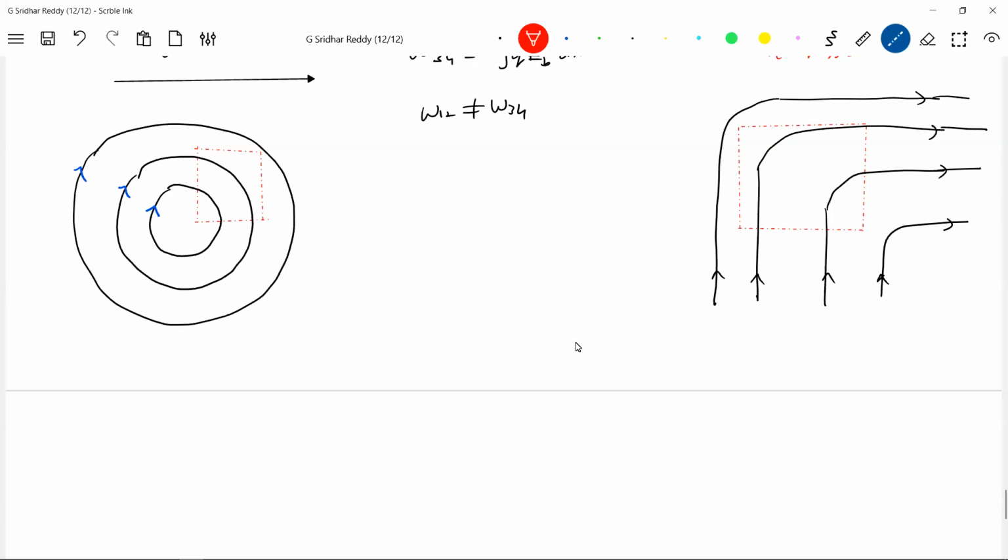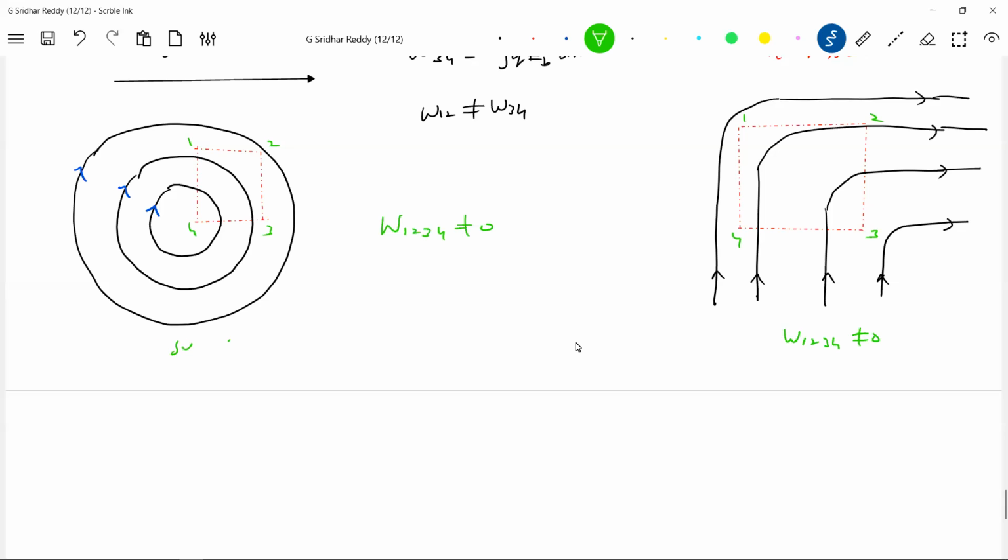There's only one alternative available for us. So net work done, we'll give the points 1, 2. So not possible.